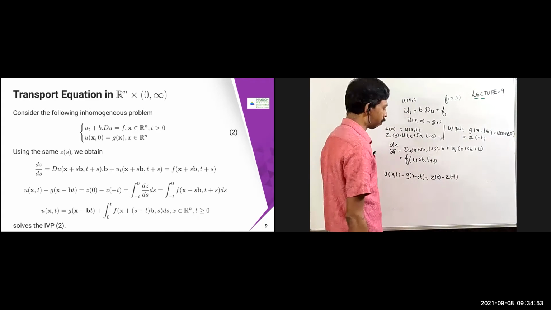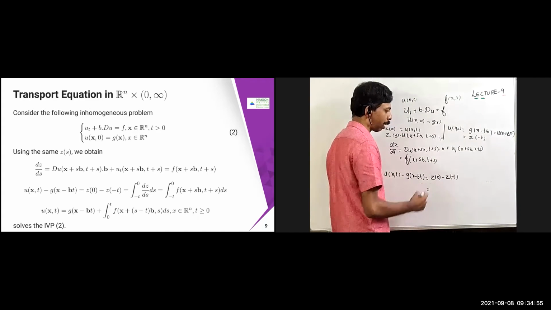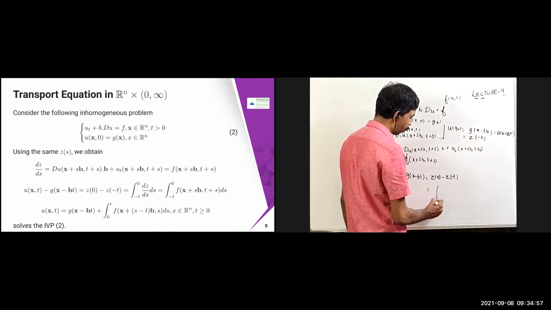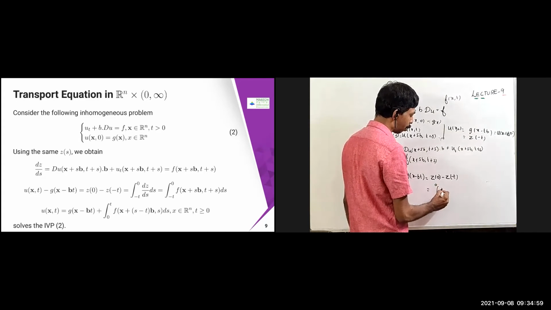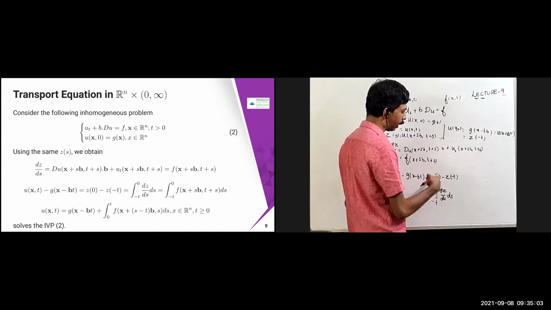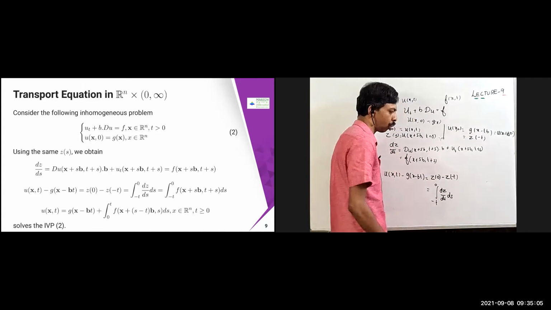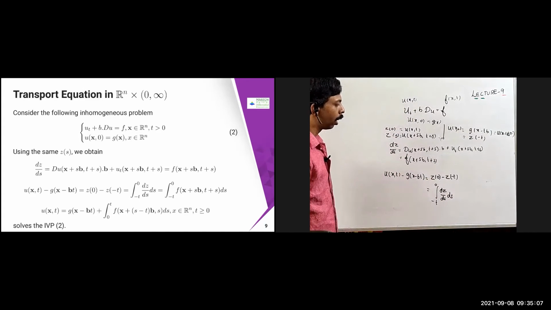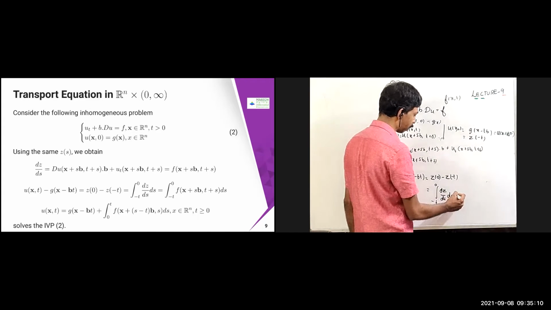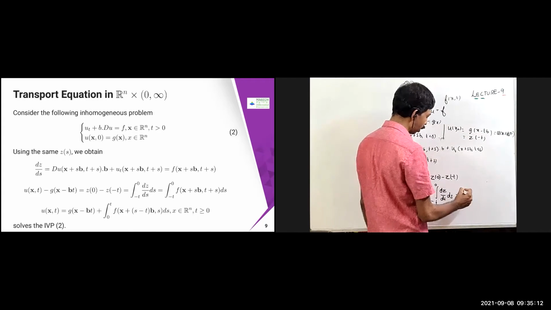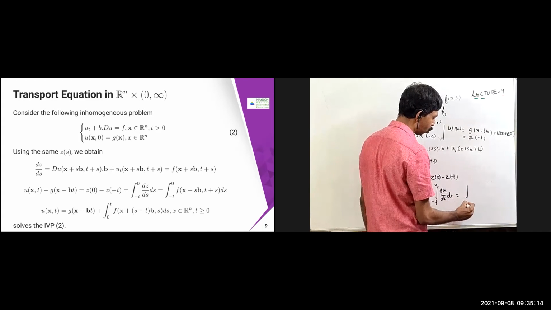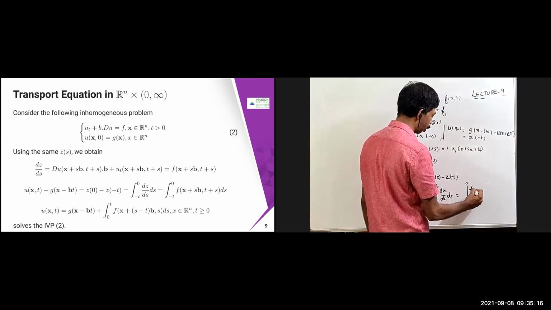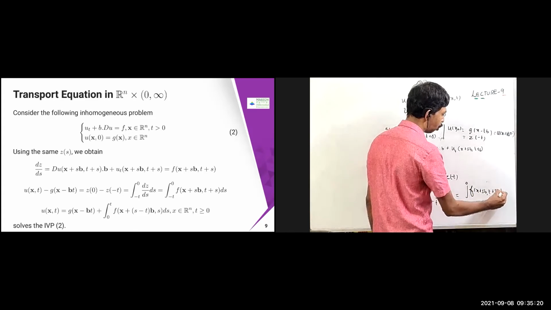So therefore, this z of 0 minus z of minus t, I can write in this way: integral from minus t to 0 of dz by ds into ds. You can just take the integral, then you are going to get the same thing, z of 0 minus z of minus t. Okay. So therefore, what is dz by ds? This is this one. So it is going to become integral from minus t to 0 of f of x plus sb comma t plus s into ds.